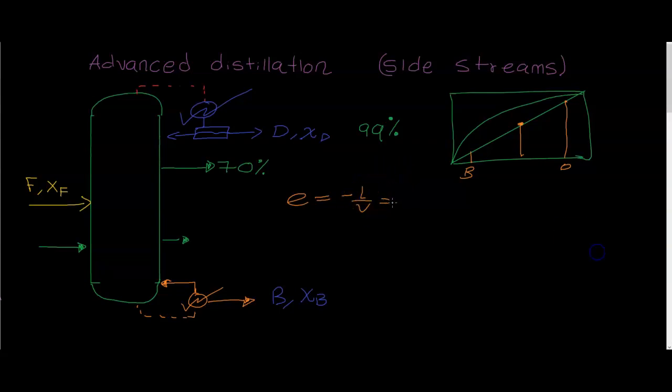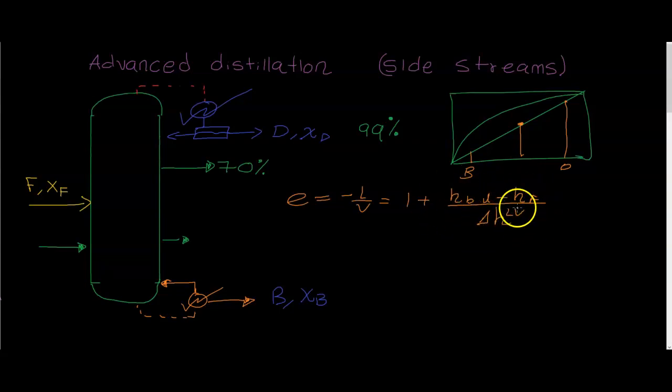Or there is another formula for this, which states 1 plus the enthalpy of the boiling liquid minus the enthalpy of the feed, over the vaporization enthalpy.